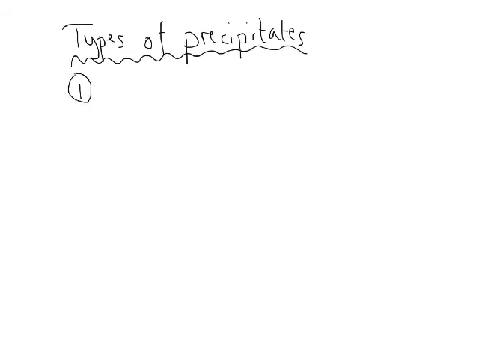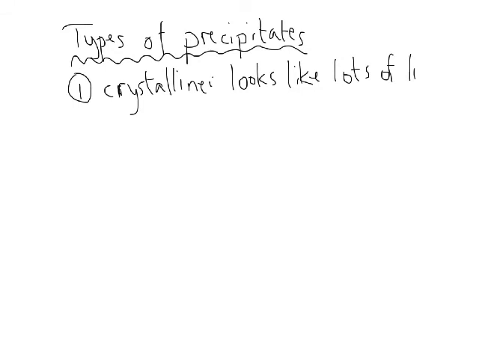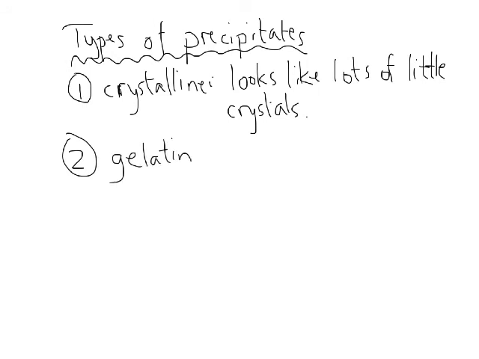The first type of precipitate is what we call a crystalline one, and it looks like lots of little crystals. You can kind of see the little crystals in it. Our second kind is what we call gelatinous. It looks like jelly.